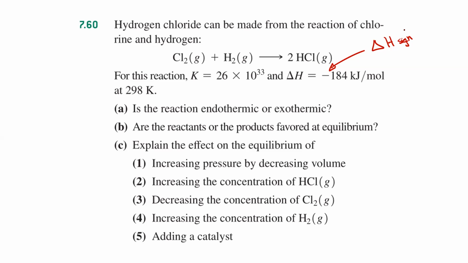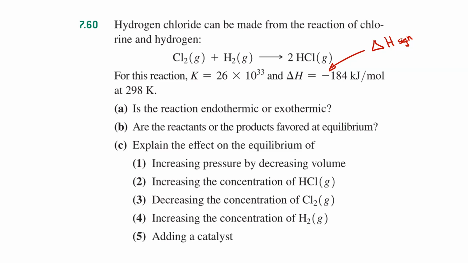It's a negative sign, okay? So what does that tell you? Is this an exothermic or endothermic reaction? It's an exothermic reaction. Negative delta H will always mean an exothermic reaction.